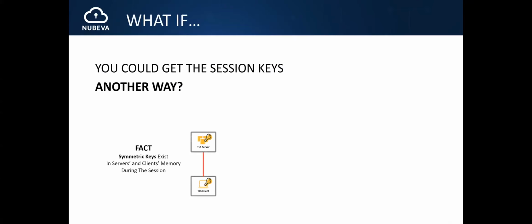What if you could get the session keys a different way? This was born from a Diffie-Hellman-based world. How do you do this? We said, well, the keys exist. They exist in the memory of a client and a server while the session's alive as a result of that handshake. So the simple idea: why not capture and reuse those keys that you've already generated, that you've spent the money, the cost, the complexity to generate?